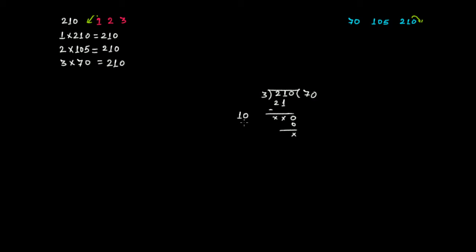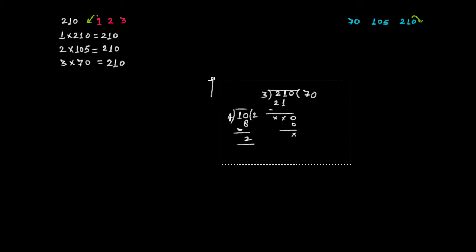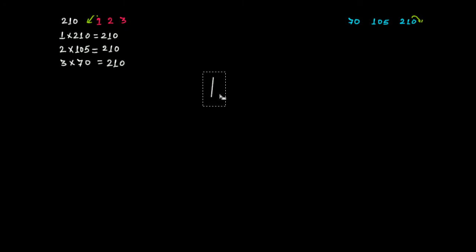We know that 10 is not divisible by 4. If you want to check, 4 times 2 is 8, minus, you are getting remainder 2. So this is not divisible by 4, and we'll have to skip 4. So 4 is not an option.